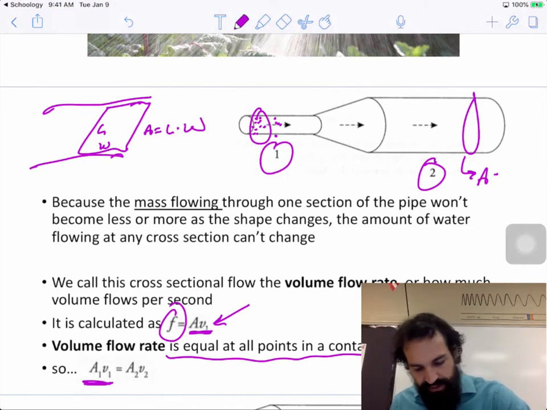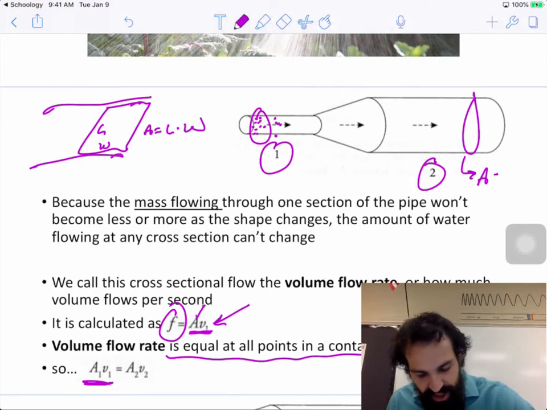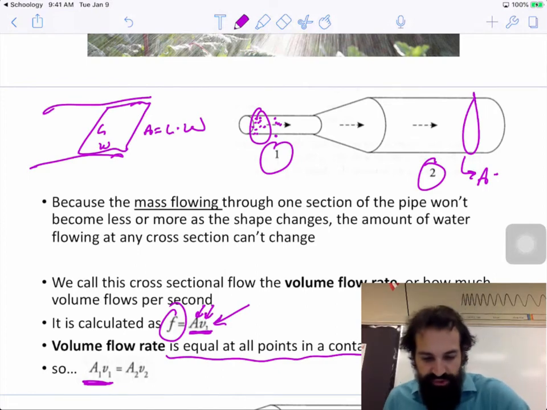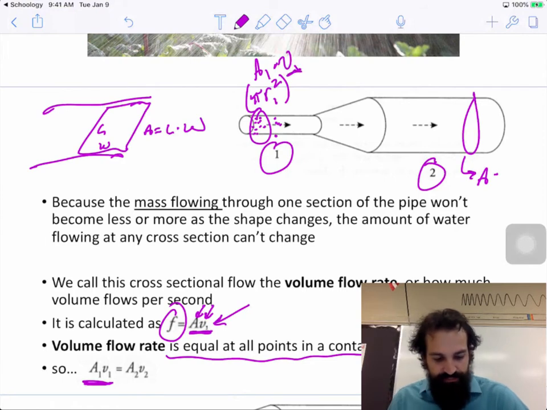And again, to calculate your volume flow rate at any point, it's the area at that point times the velocity of the fluid at that point. So we take this cross-sectional area, or pi times radius 1 squared, A1, and multiply it by the velocity at whatever that location is.